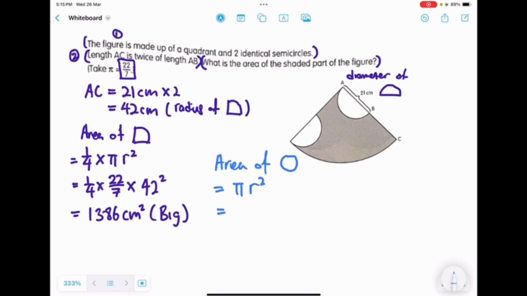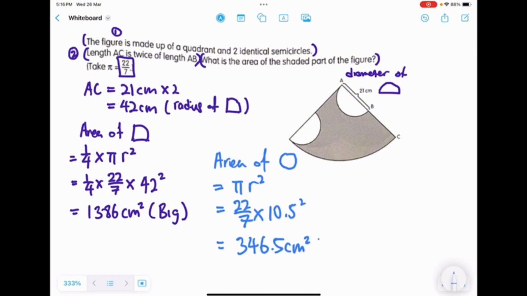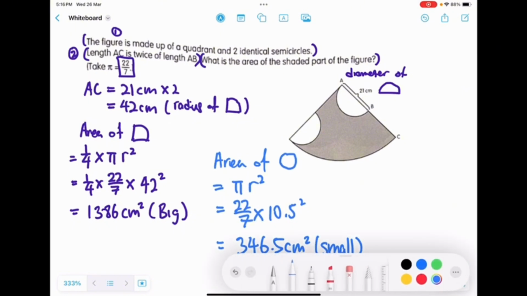Right? And if pi is 22 over 7 and radius is 21 divided by 2, that would give me 10.5 square. I know that the area of my small will simply be 346.5 centimeters square. And this, my friends, is the small that I am going to minus from my big.